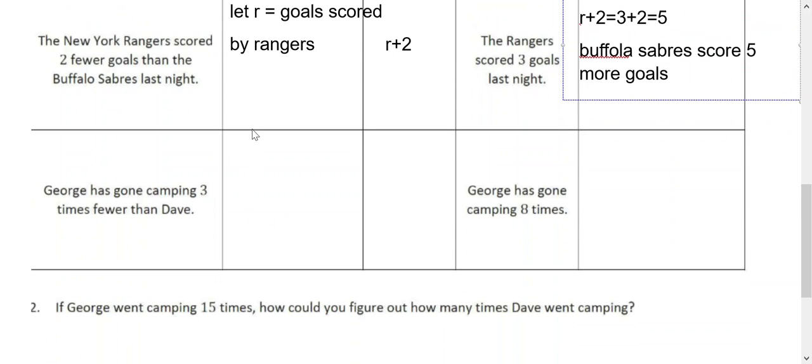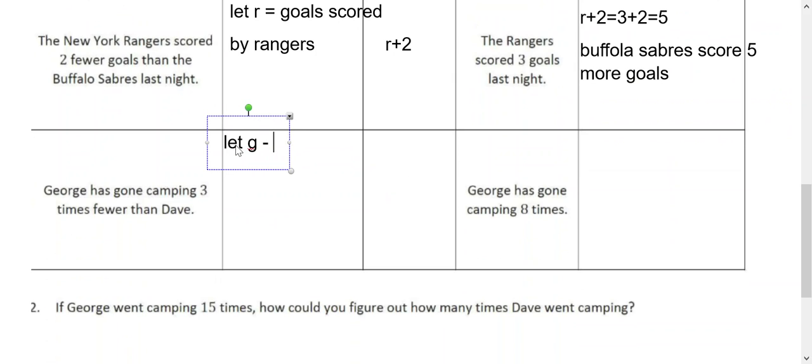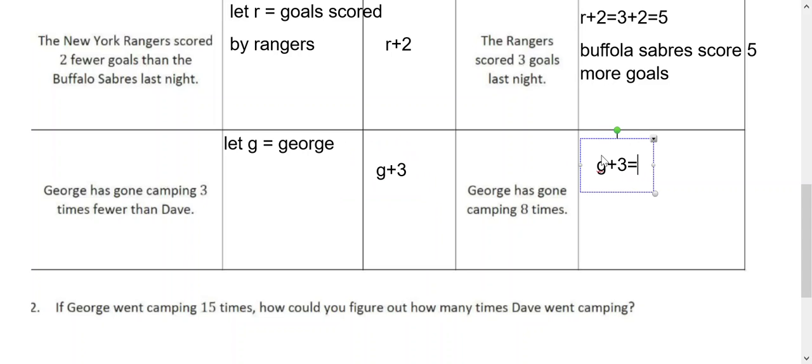Then we go to this one, and George, and we're looking at G is George, so let G equal George. And it says George has gone camping 3 fewer times than Dave. So George plus 3, because it's George, you're going to add 3 to George to get it right. So G plus 3 equals 8 plus 3, which equals 11.